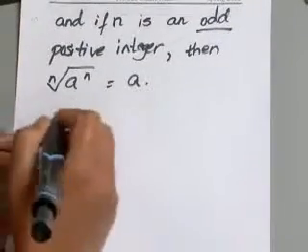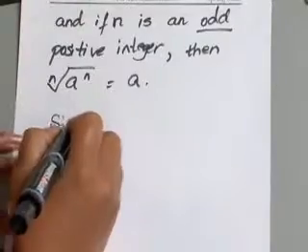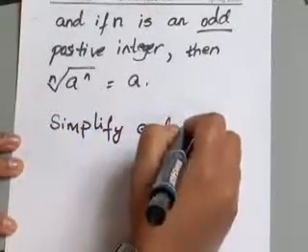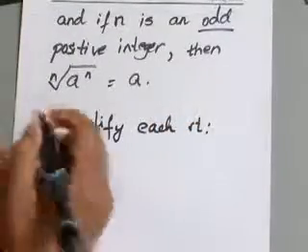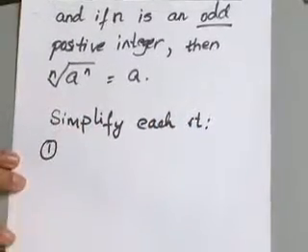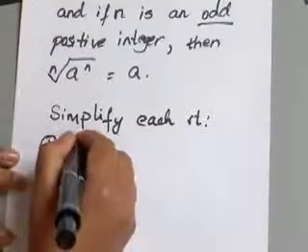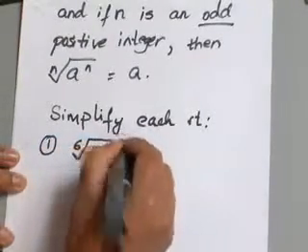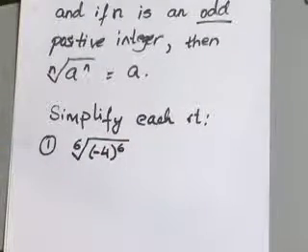So let's go ahead and use these rules to find the solutions to these examples. So how about sixth root of -4 to the sixth power?